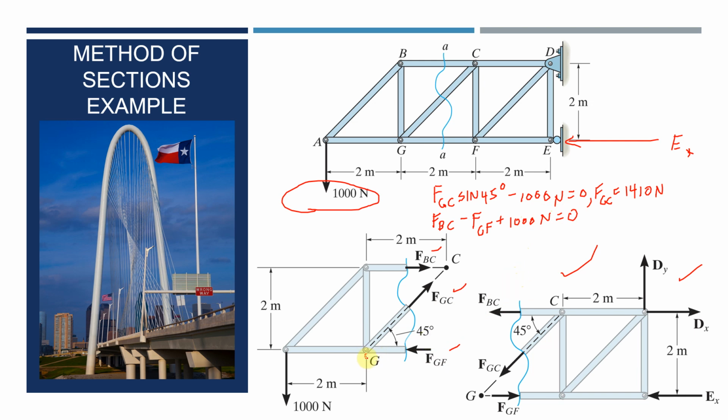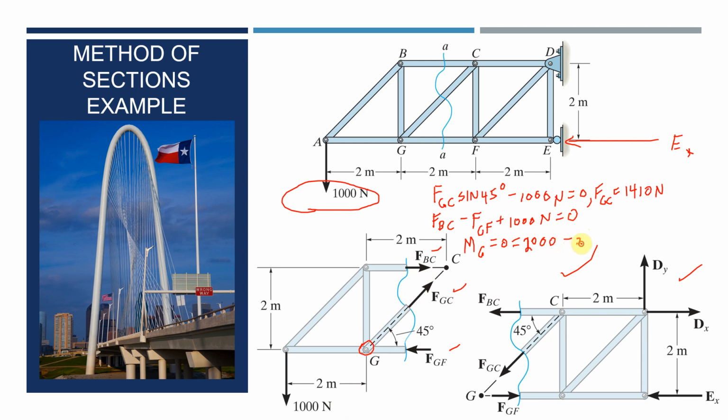Let's take the moment about G. The reason for doing that is we eliminate two variables. So 1,000 times 2, or excuse me, 1,000 times 2 is 2,000 newton meters. And FBC acts in the clockwise direction, so it would be negative.